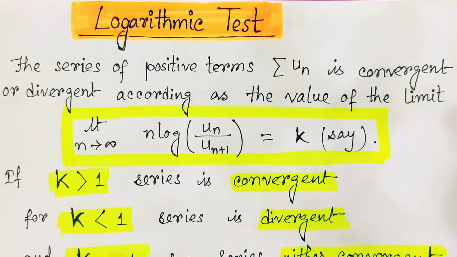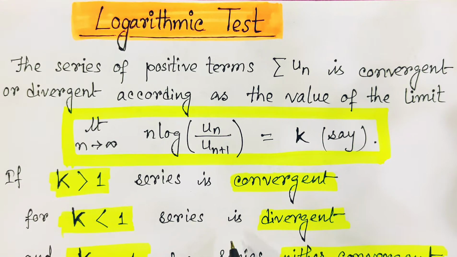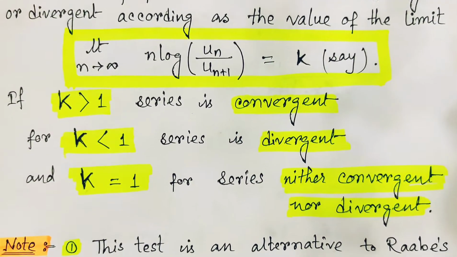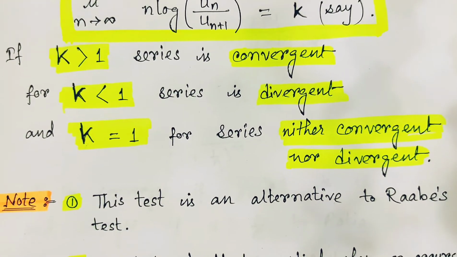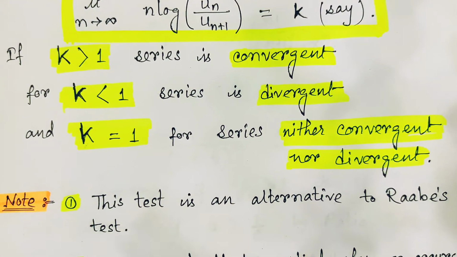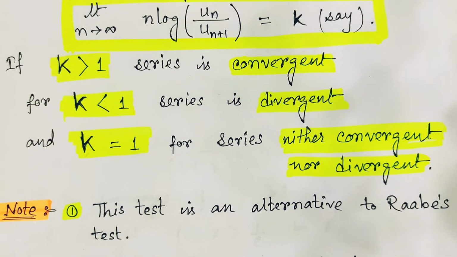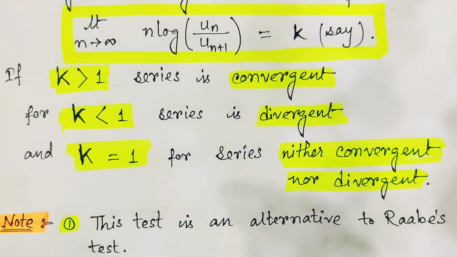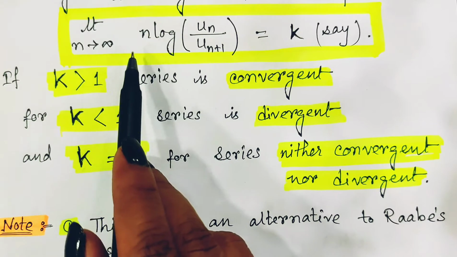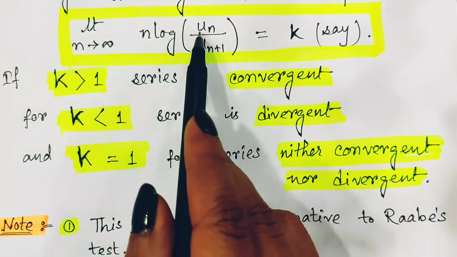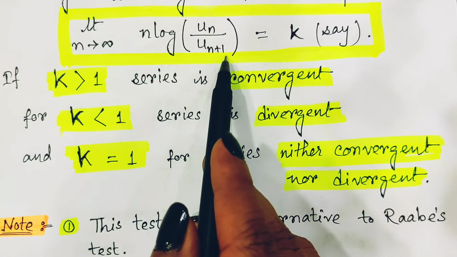If k is less than 1, then the series is divergent. And if k is equal to 1, then the test fails. So we should take the limiting value of n log un divided by un plus 1.